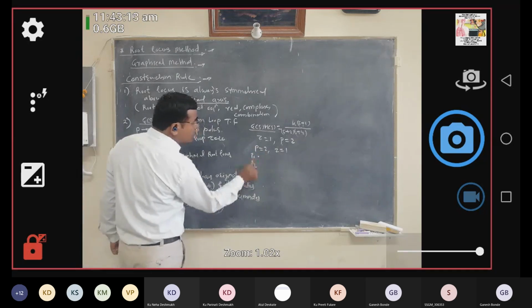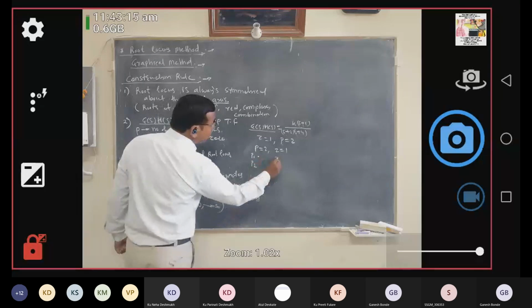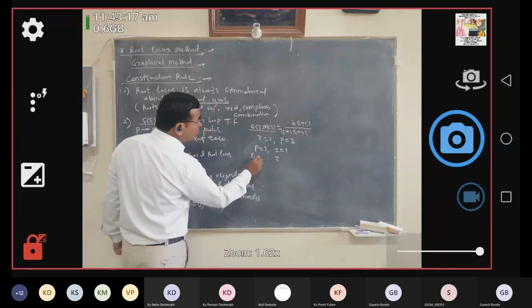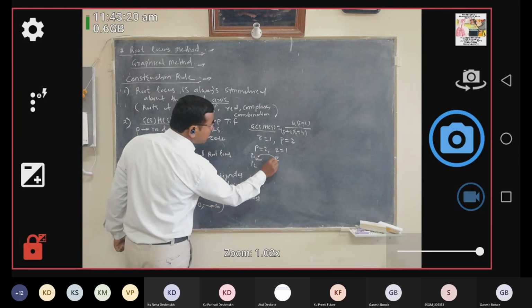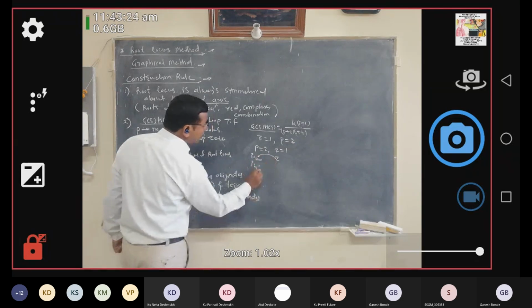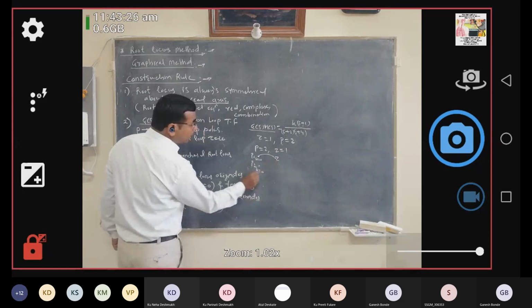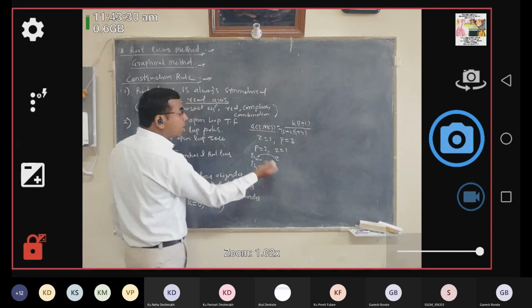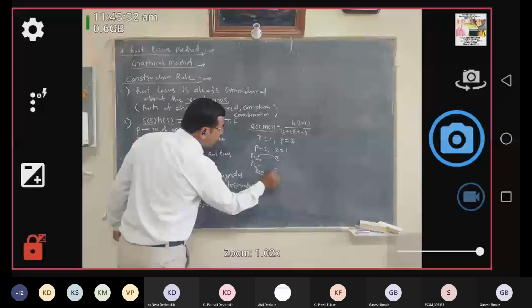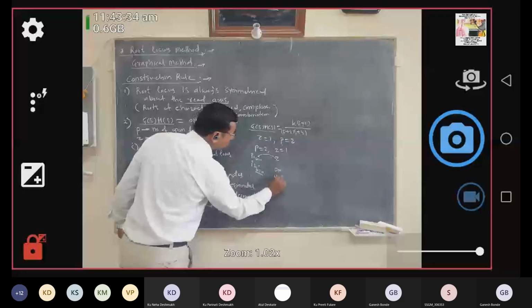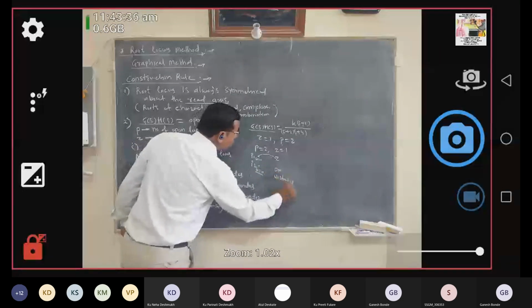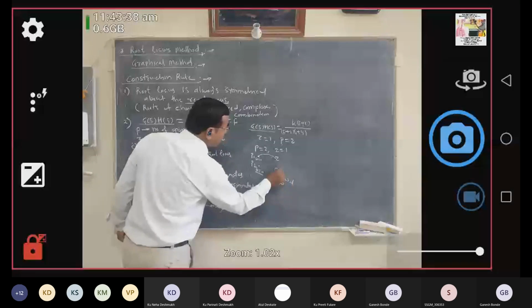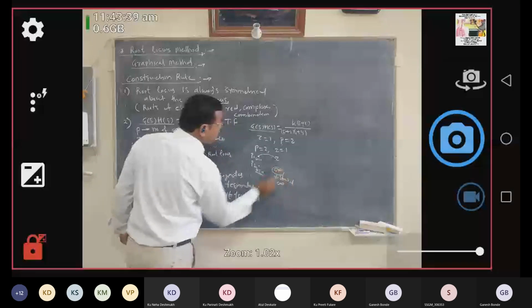So we have two poles, P1 and P2, and one zero Z. One branch will originate at K equal to 0 at P1 and terminate at Z. But what about the second branch? The second branch will start at P2 at K equal to 0, but where can it end? There is no zero to terminate on, so it may terminate on a virtual zero, which is called infinity. So this branch may terminate at infinity like this.